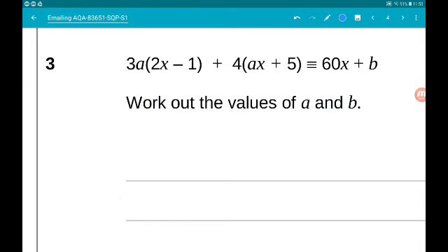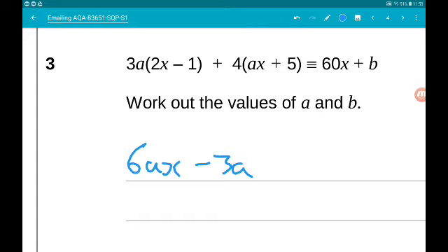Okay, question 3, we have an identity. 3a times 2x minus 1 add 4 lots of ax add 5 is identical to 60x add b. Find the values of a and b. So, first up, expand the brackets on the left. 3a times 2x is 6ax. 3a times minus 1 is minus 3a.